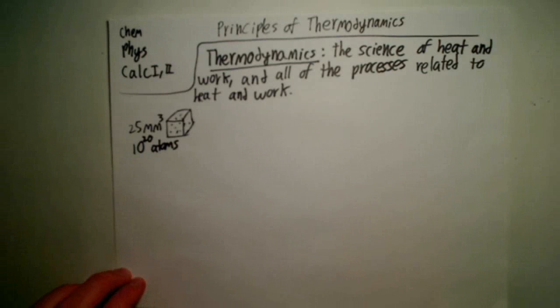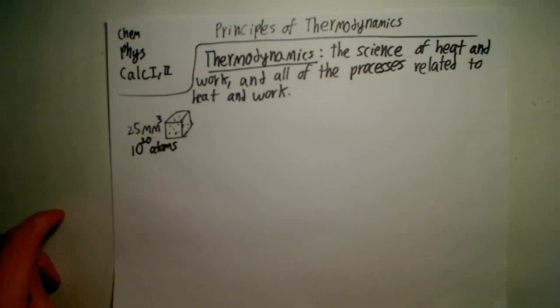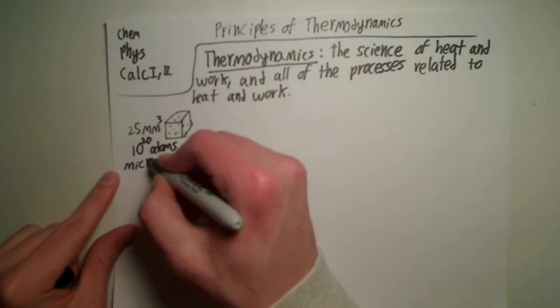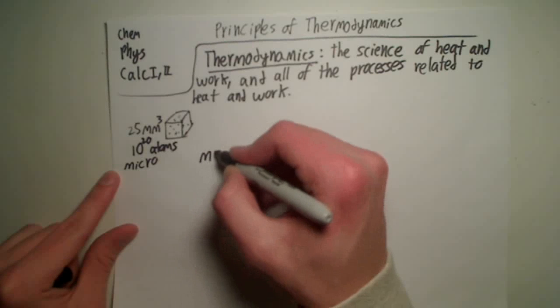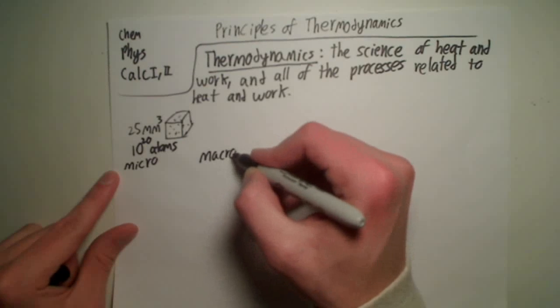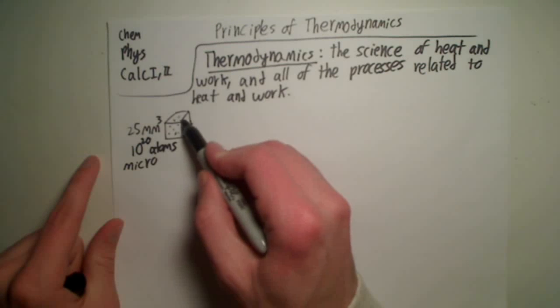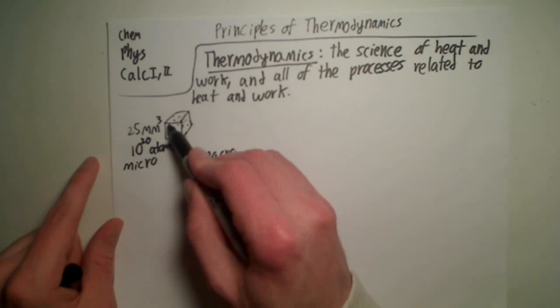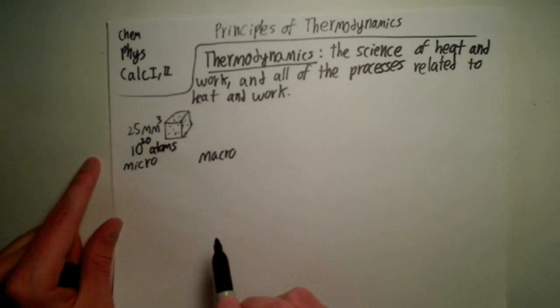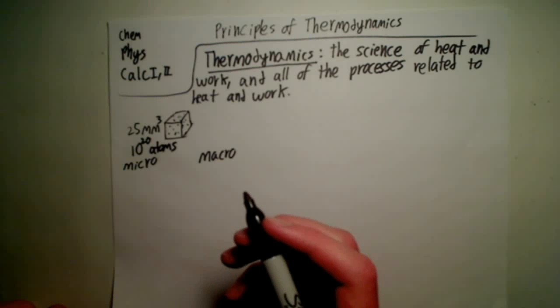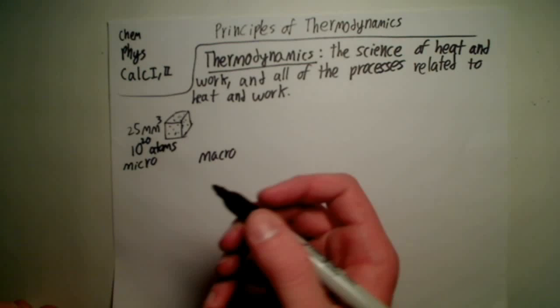Now, we have two ways of looking at all of these atoms. We have the microscopic approach and the macroscopic approach. What the microscopic approach does is we will be looking at every one of these atoms individually. Every single one of them, their height, their speed in all three directions. That's a lot to keep track of.